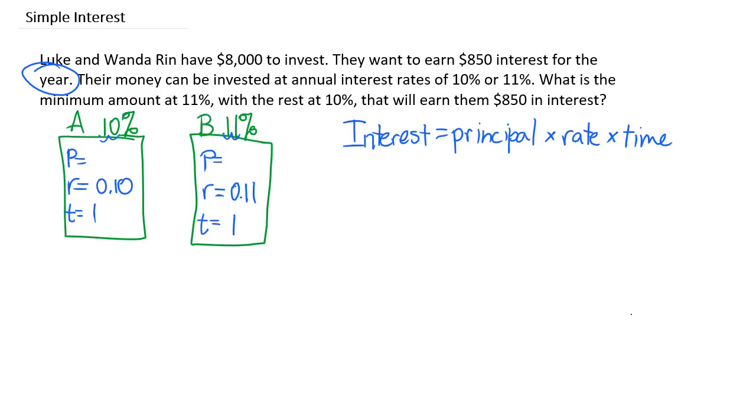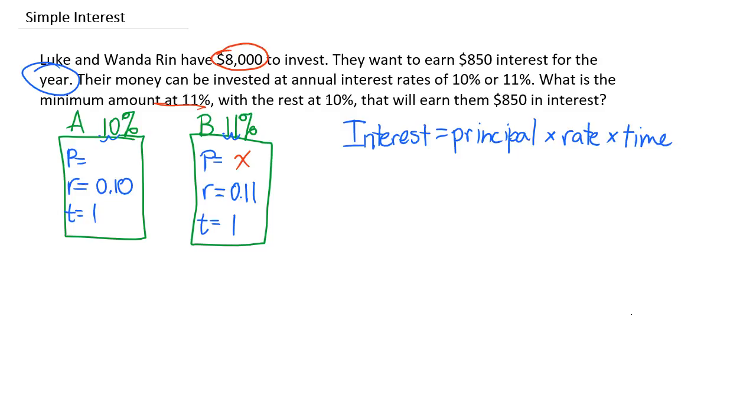So we're going to look at these principals now. Since it's asking what is the minimum amount at 11%, let's say that our principal for 11% is X. Now we see that we've invested a total of $8,000.